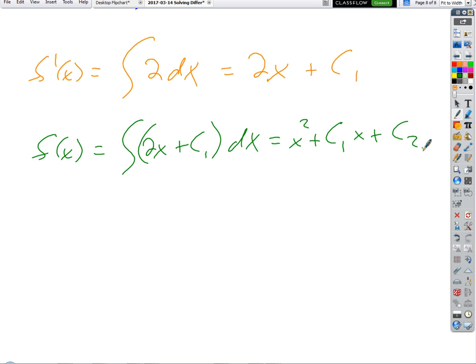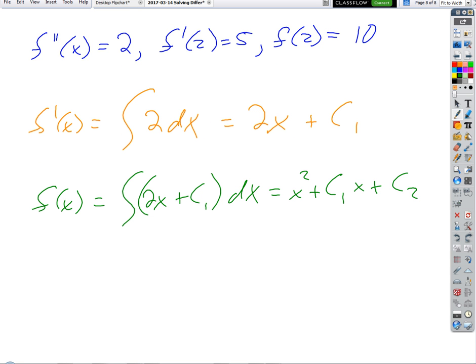So now let's go back and plug in our initial conditions. One thing we know is that f prime of 2 equals 5. Rather than deal with both at once, we could go up to the orange equation and evaluate at 2: 2 times 2 plus c1 equals 5.